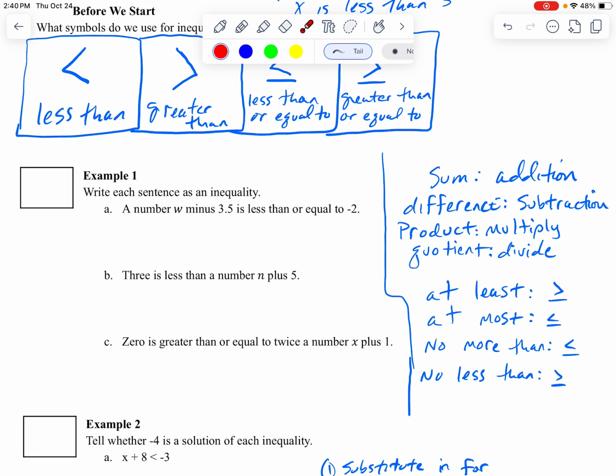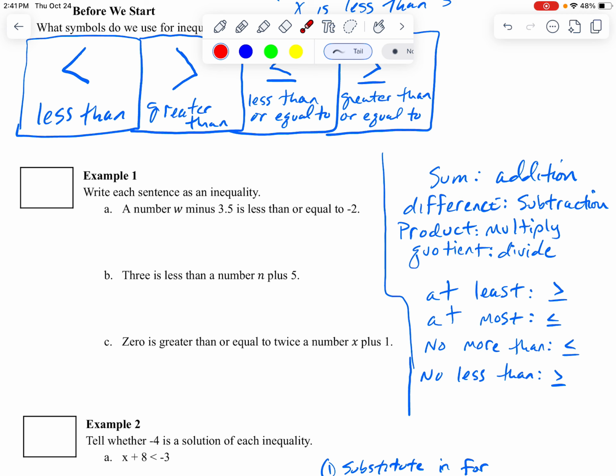Similarly, if some number is no more than another number, it means it has to be less than or equal to that number. And if something is no less than something else, then it must be greater than or equal to. This is some of the wording in our practices that can be a little challenging for students, and we need to get used to.